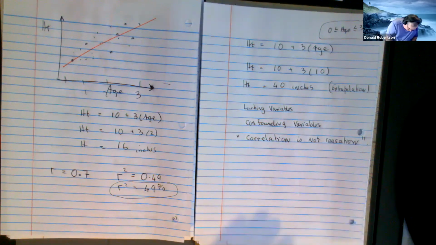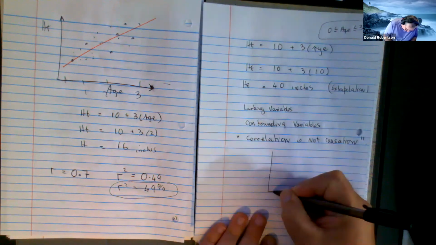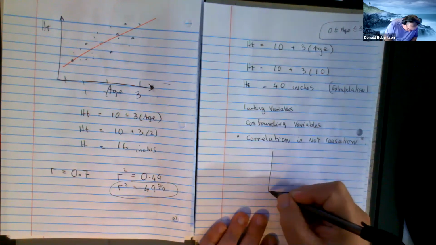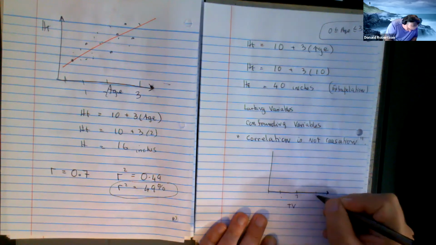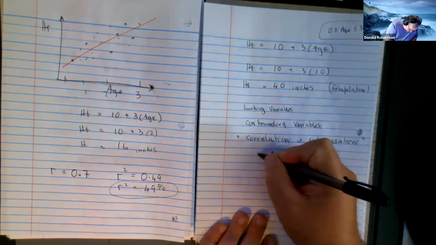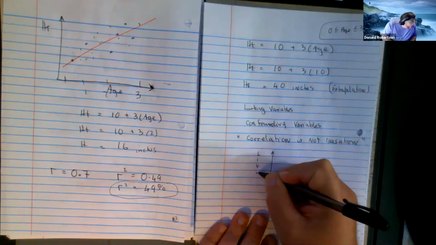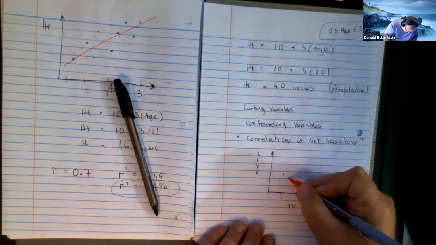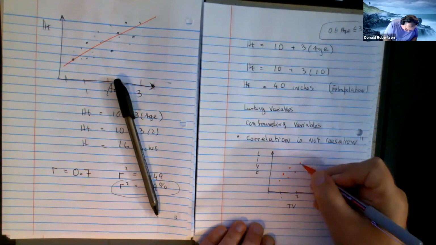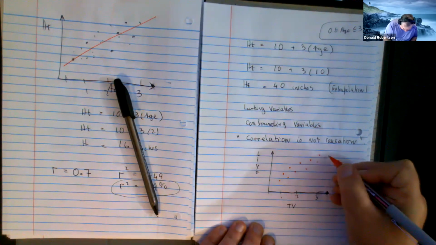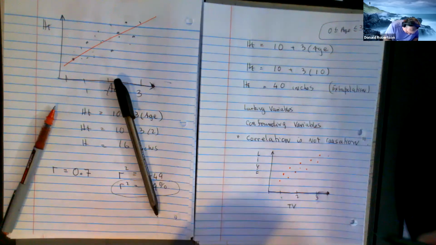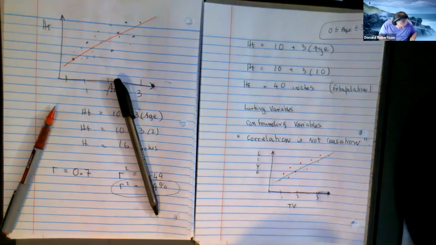But can you remember the ones we did with things like the number of TVs that a country had in a household and how long they lived for? And each dot represented a country. And the data was quite linear. And you got a pretty good fit.